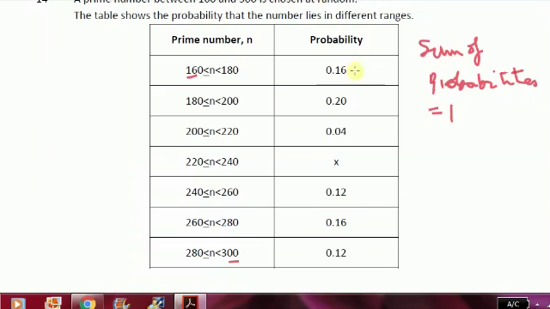Because when you add up all the probabilities of all the possible outcomes, the total is 1. But we know all of them except x, so I'll add those others up. When I add up the other numbers there, I get 0.8. So 0.8 plus x must give me 1. So x equals 1 minus 0.8, or in other words, 0.2. So x is 0.2.